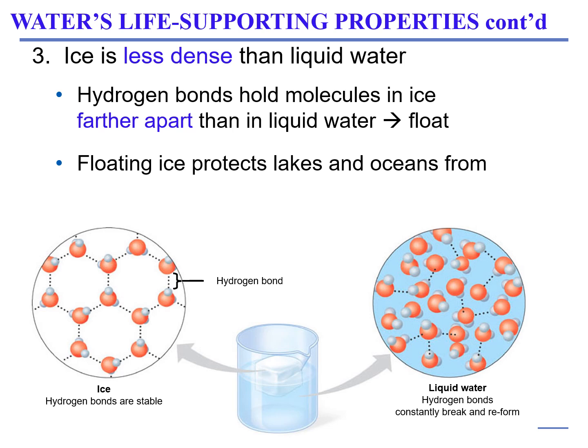And as we know, the further apart the molecules in any matter, the less the density. So the further apart the molecules in ice compared to liquid water, the less dense it is. This allows the ice to float in water, and floating ice protects lakes and oceans from freezing solid.